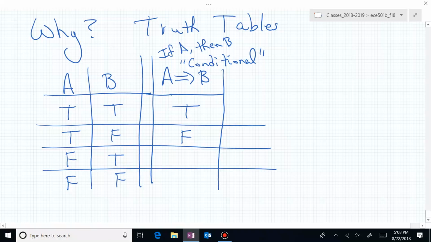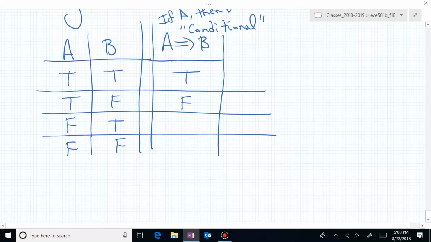What if it doesn't rain? What if the hypothesis is false? It was sunny. Then what? And B is true, it's true.